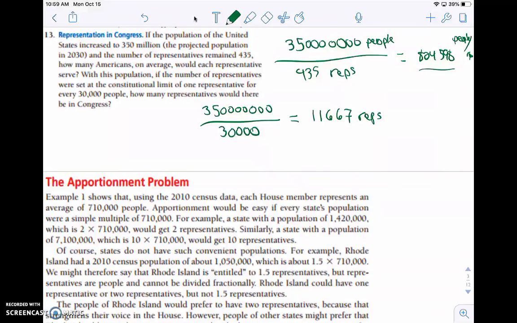You can see that this is way bigger than the current 435 reps that we have right now.